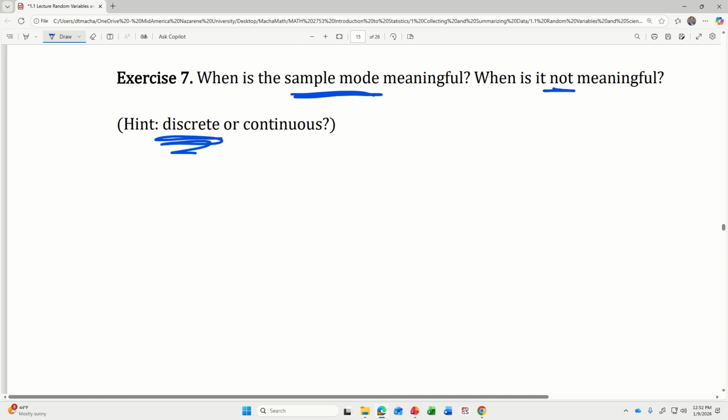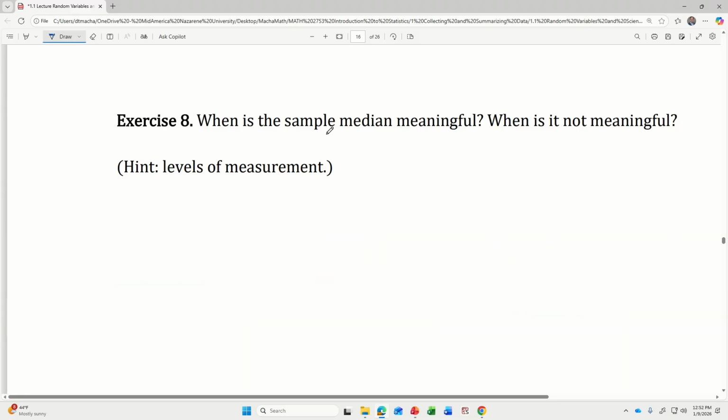No. If I'm capturing a bunch of finches in the Galapagos and measuring the length of their beaks, are any two birds going to have exactly the same beak length? No. Maybe they're close, but since they could have any real number beak length, they're always going to be off by a little bit, a micron or a tenth of a micron. So it doesn't make sense to ask about a sample mode for a continuous random variable. It only makes sense for discrete cases.